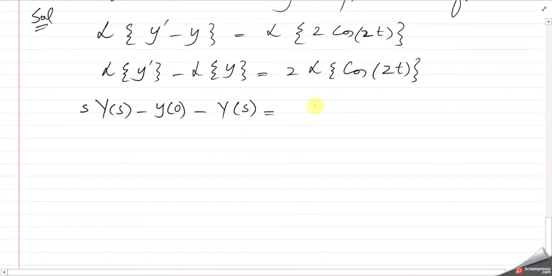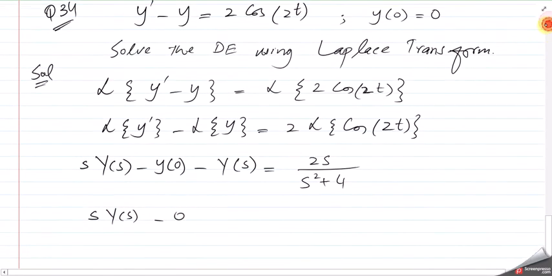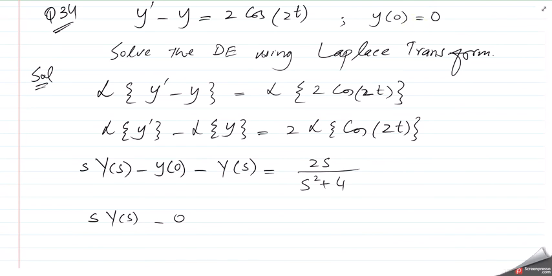So this becomes 2s over s square plus 4. This 2 is up here, and this 2 is only 2 square, that's down here. Once again we put s Y of s minus y of 0, which is given in the question, and y of 0 is 0.